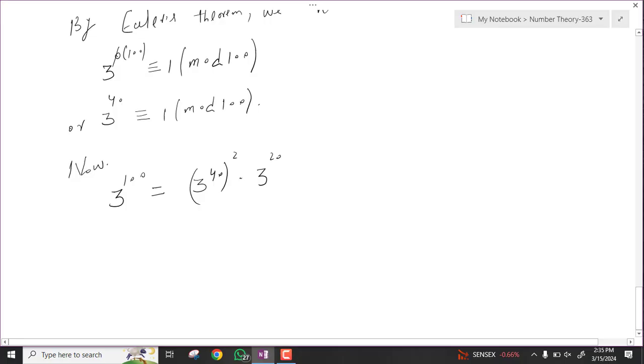But 3 power 40 is congruent to 1, and 1 squared is 1 modulo 100, so this is equal to 3 power 20 modulo 100.